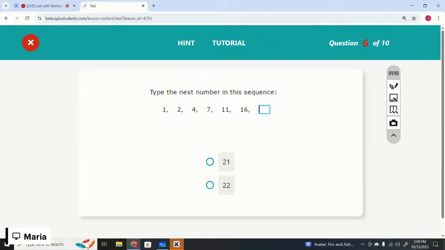Type the next number in the sequence. 22. It is option number 2 is the correct option.